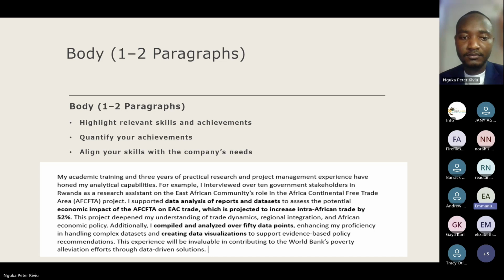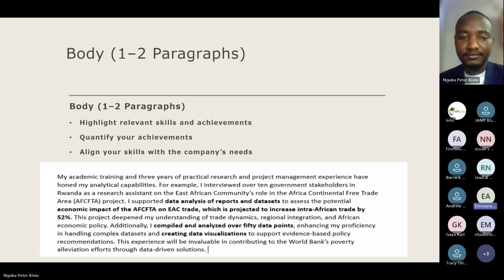I supported data analysis of reports and data sets to assess the potential economic impact of the AfCFTA on EAC trade, which is projected to increase intra-African trade by 52%.